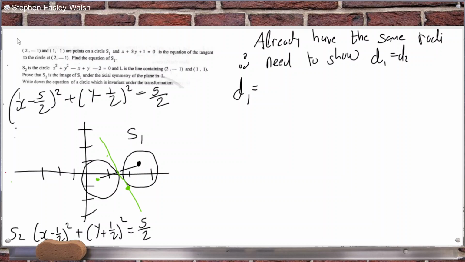All right. y equals mx plus c. The slope m is going to be 1 minus minus 1, which is 2, over minus 1. So minus 2x plus c.